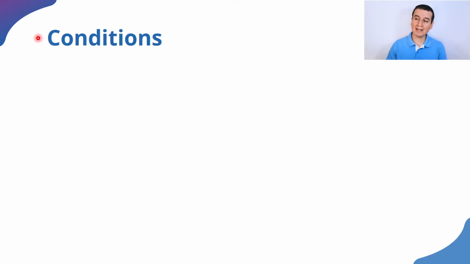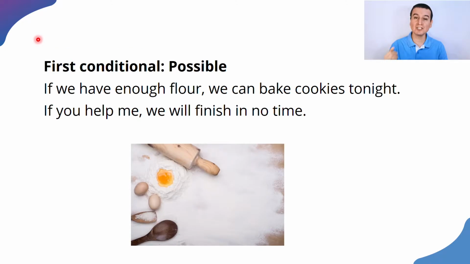For that, I have these grammatical titles for these topics, and we're going to call them first conditional, second conditional, and third conditional. That depends on how possible the action is, or how likely the situation is to occur.